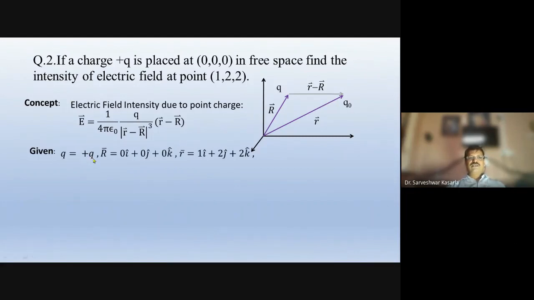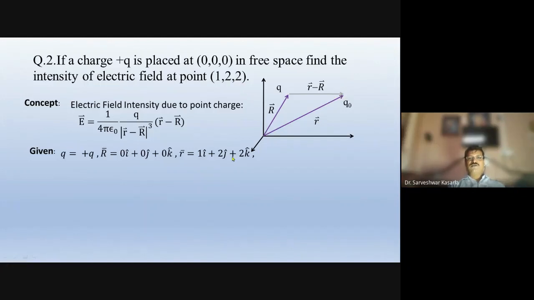Charge q is given as plus q, capital R is given as 0 0 0, and small r is given as 1i plus 2j plus 2k, because the point has coordinates 1, 2, 2.